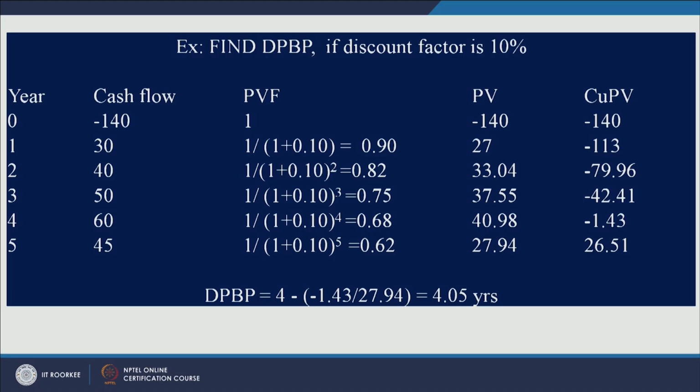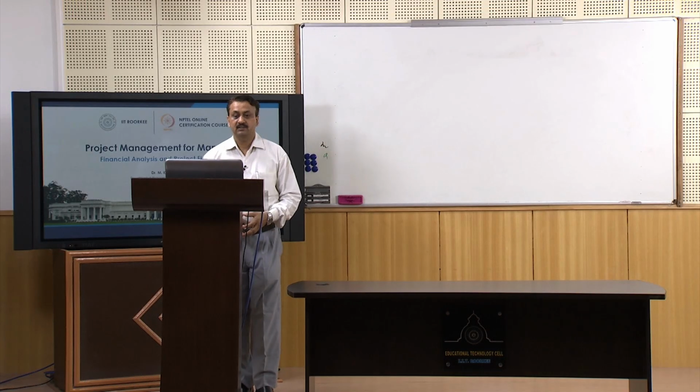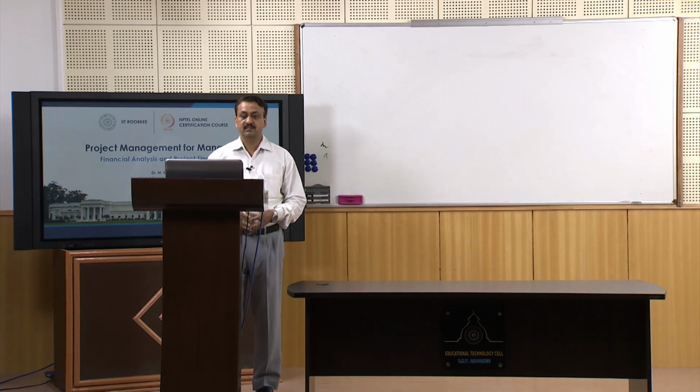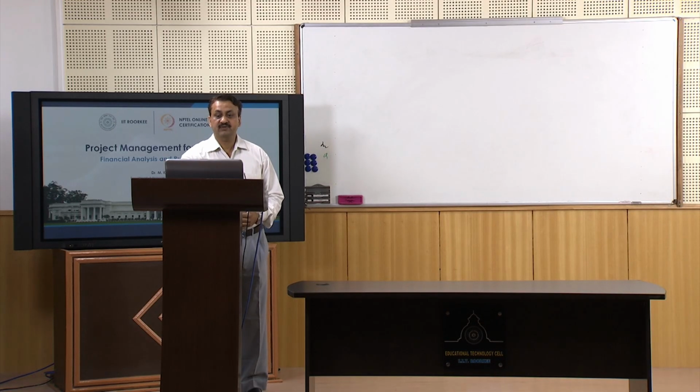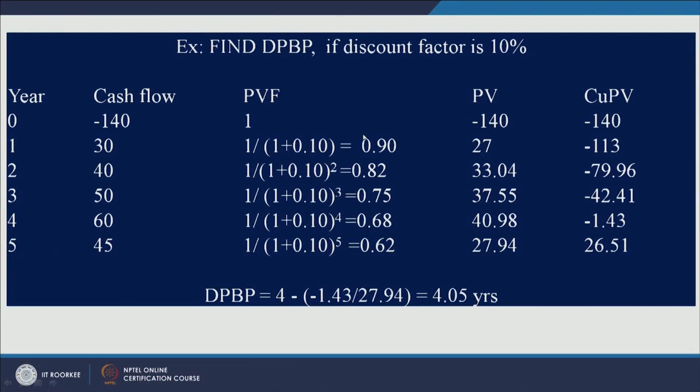In the very initial year, the present value factor is 1, and in the first year it is 1 upon 1 plus 0.10, because the discounting factor is 10%. So the present value factor for the first year is 0.90, right. You just multiply 30 into 0.90, you will get 27. Similarly you can do all other calculations.